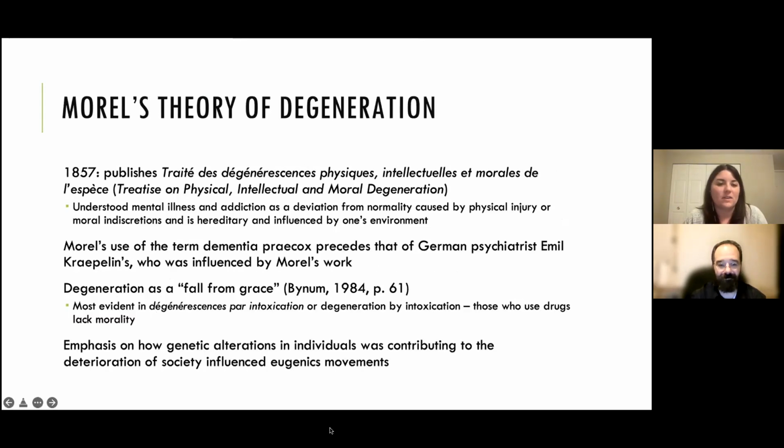So looking more specifically at Morel, because a lot of this analysis centered on his idea. One thing that's important to know about his background is that he was a very devout Catholic.